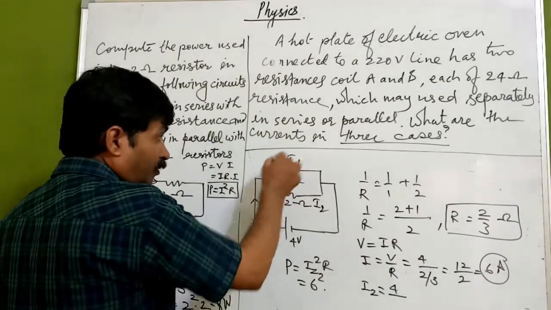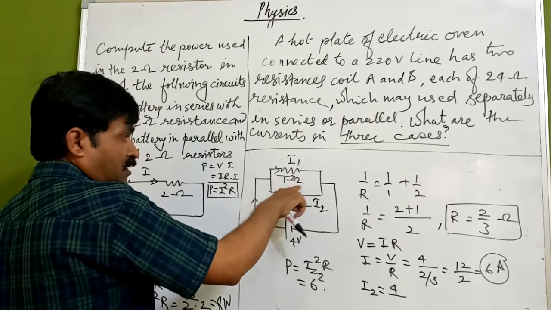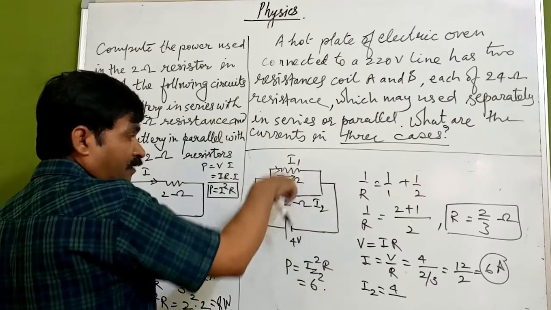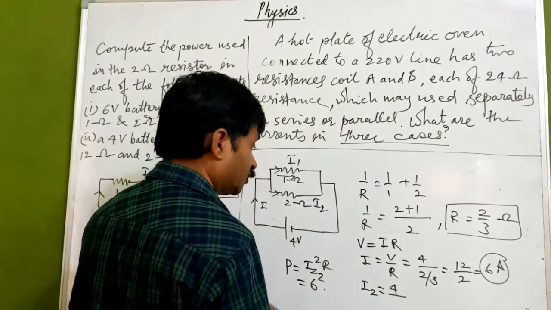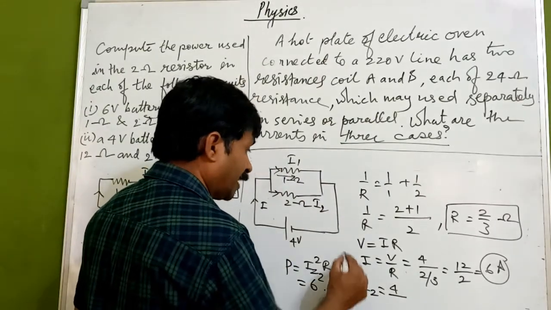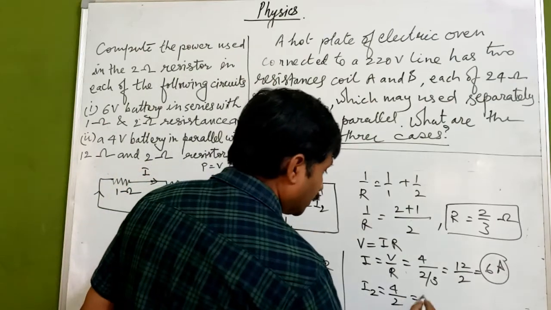Okay. Now we want to calculate the current in the individual resistances, in the 1 ohm and in the 2 ohm. So we have taken I1 here and I2 there. Now I2 will be given by 4 volt divided by 2, which gives 2 ampere.